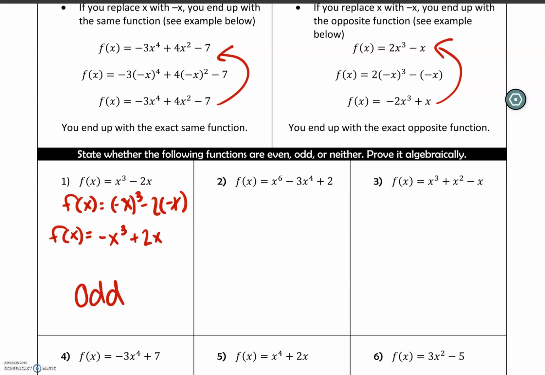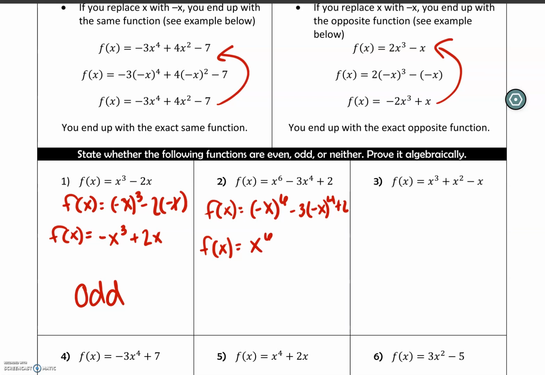Number 2. Looking at it, this has the potential of being an even function because we have an exponent of 6 and 4. So those are even exponents. So if we substitute a negative in for all of the x values, when a negative is raised to an even power, there's an even amount of negative signs, so they cancel each other out, resulting in a positive value. So negative x to the power of 6 would result in a positive x to the power of 6.